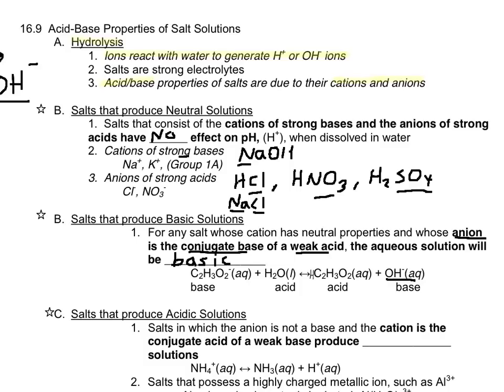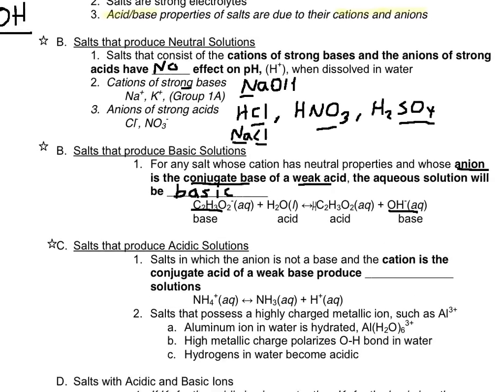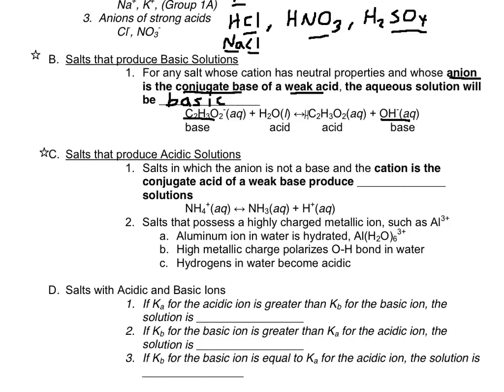So if it has acetate in it, if it has fluoride in it, if it has carbonate in it, these are all conjugate bases of weak acids. If you have a salt which has a conjugate acid of a weak base in it, then it's going to produce an acidic solution because it's going to produce hydrogen ions. The main one of these that you're going to need to be familiar with is ammonium. That's the one that shows up the most.